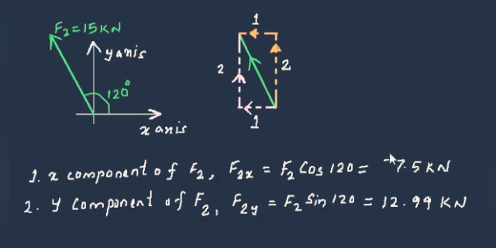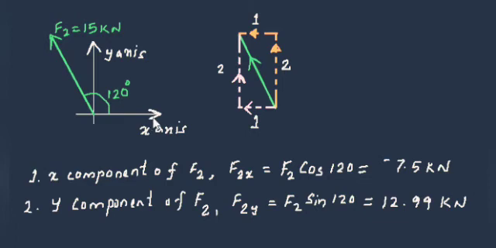Because there is a negative sign, it implies the force is acting along the negative x direction, that is, from the origin the force is acting towards this direction. If that was positive, then it would have been in the positive direction of the x-axis.